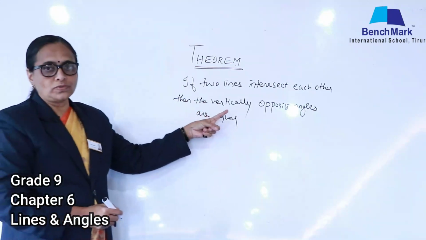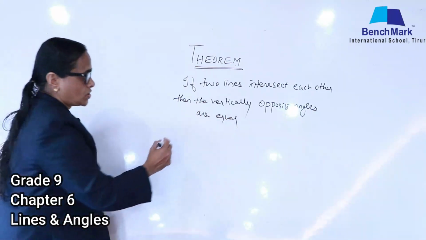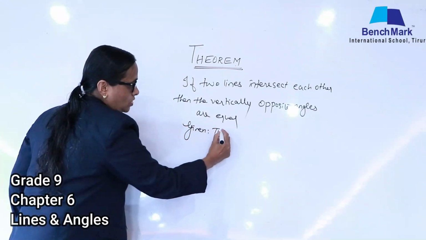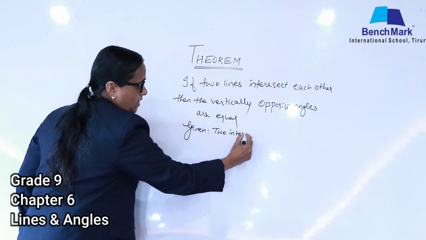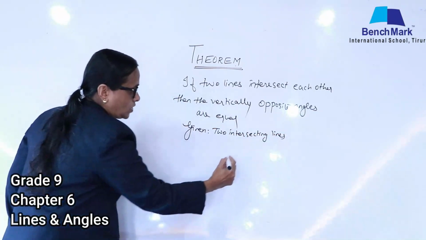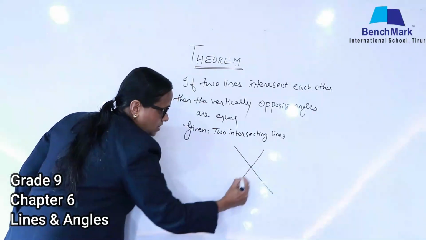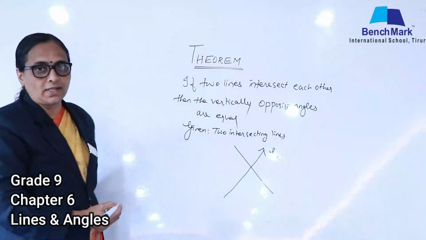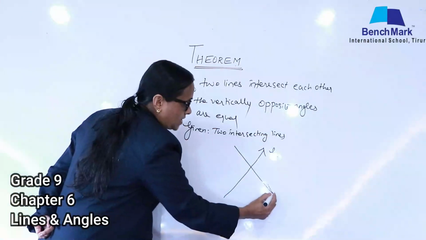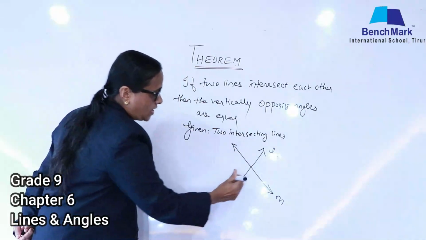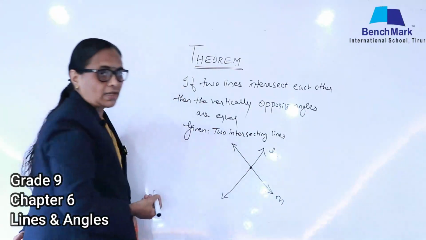I have to prove this theorem. How will I prove it? So, what is given? Given: two intersecting lines. Let me draw two intersecting lines and call one line L and the other line M. If two lines are intersecting, they are intersecting at a point.